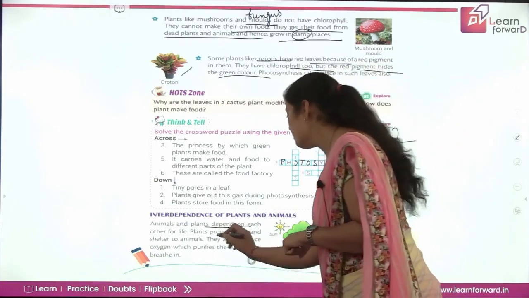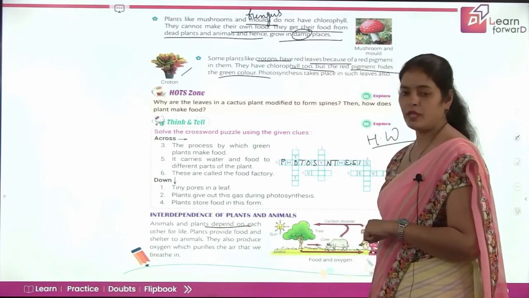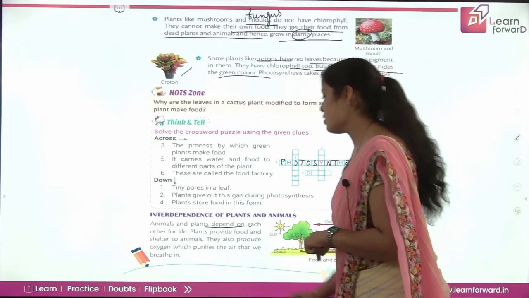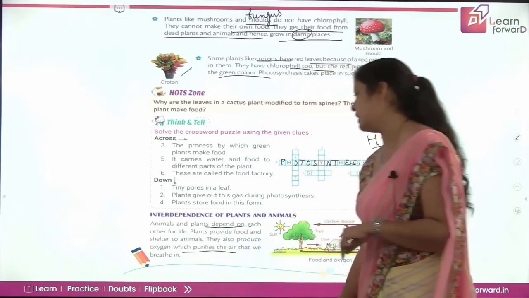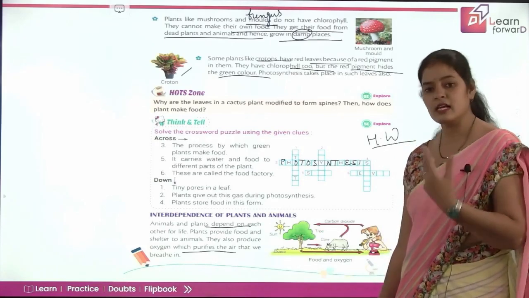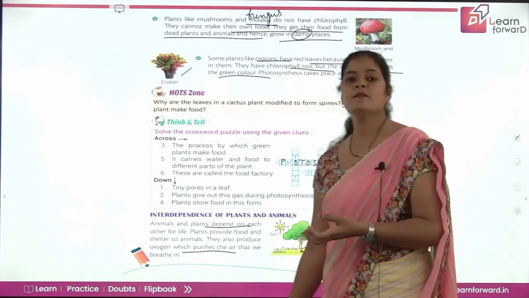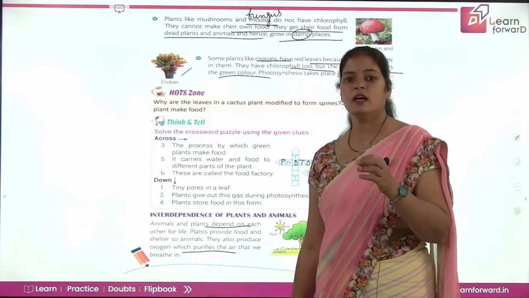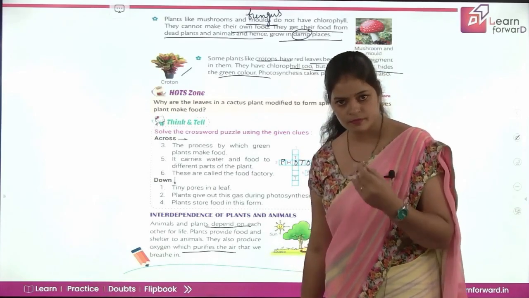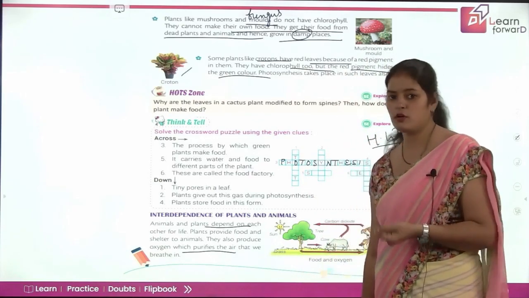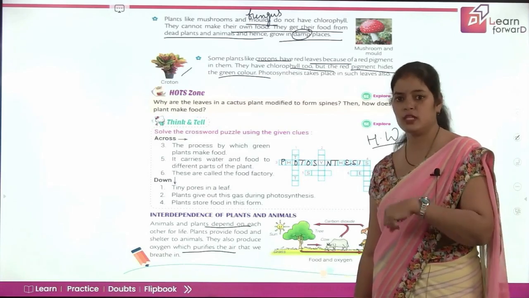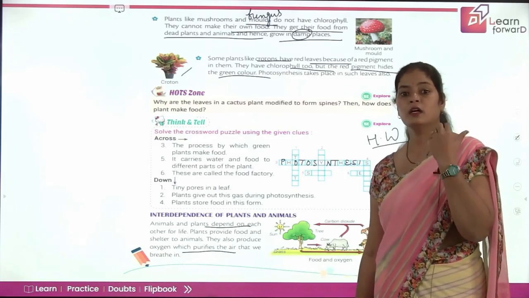Plants provide food and shelter to animals. They also produce oxygen which purifies the air that we breathe in. In the photosynthesis process, plants produce oxygen and that oxygen is given off from the body of the plant and we utilize that oxygen as our surviving gas.